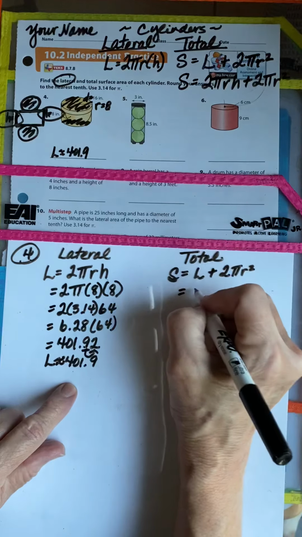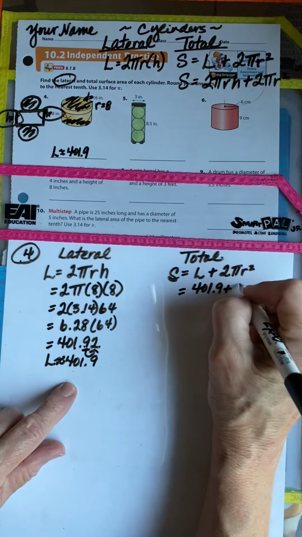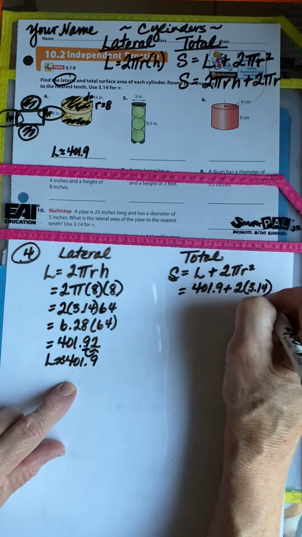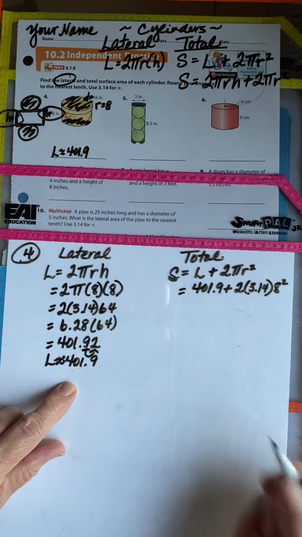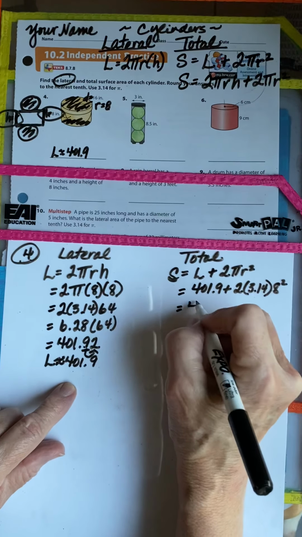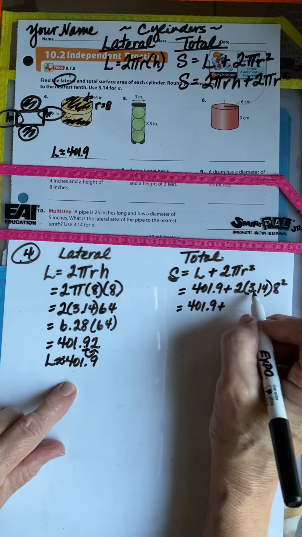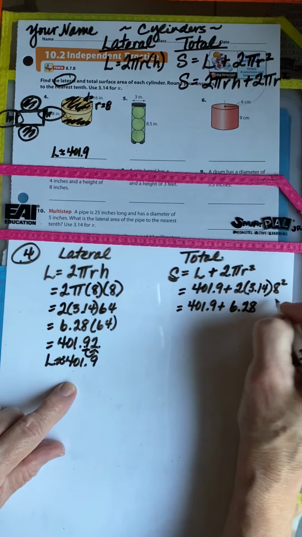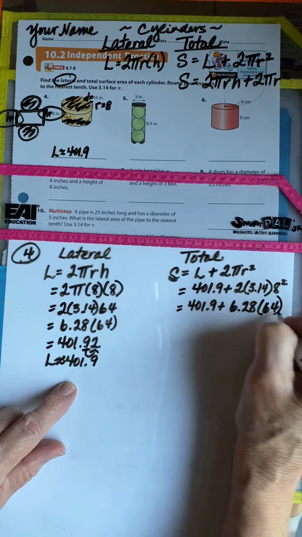So we're going to put 401.9 plus 2 times 3.14 times 8 squared. Okay? 401.9 plus, how about 6.28 times 8 times 8, 64.